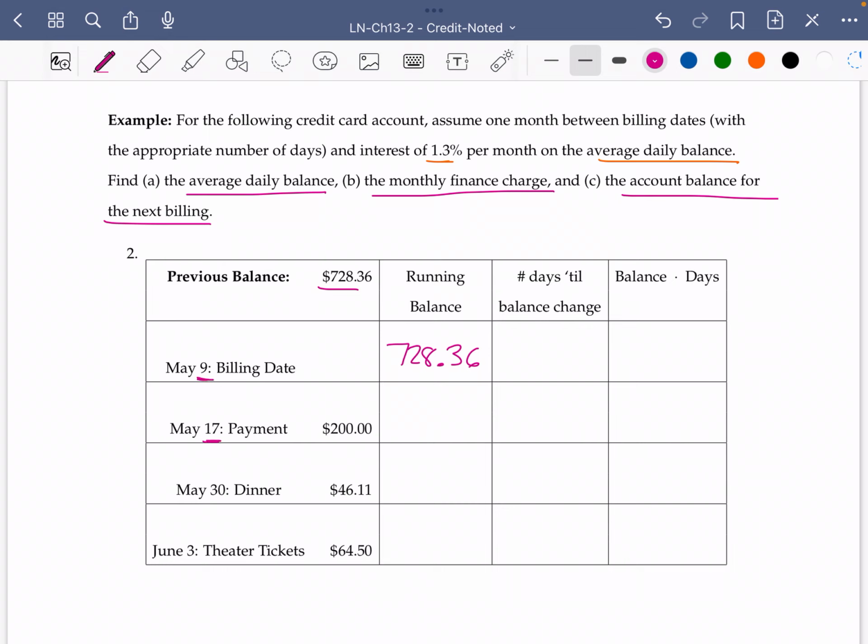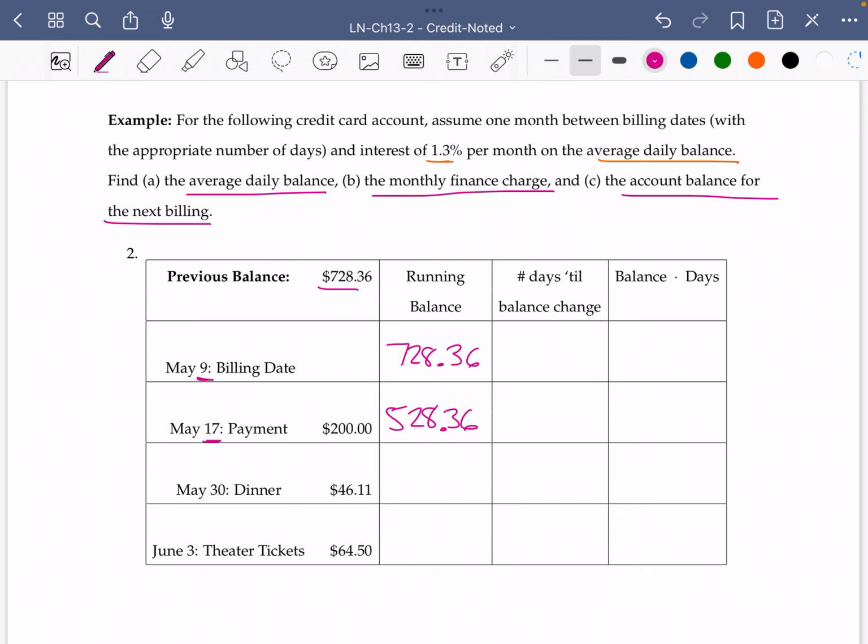On May 17th, we made a payment of $200, so that amount went down by $200. I'm going to subtract $200 from this amount because we made a payment on our credit card.